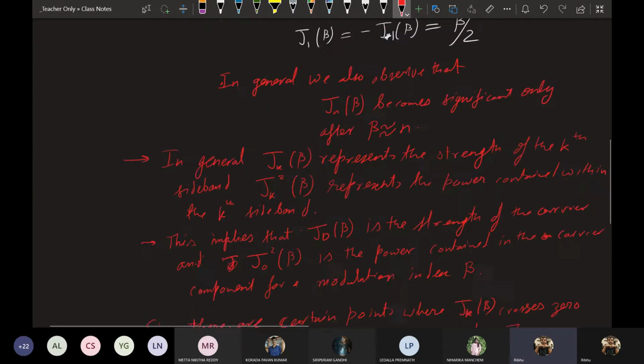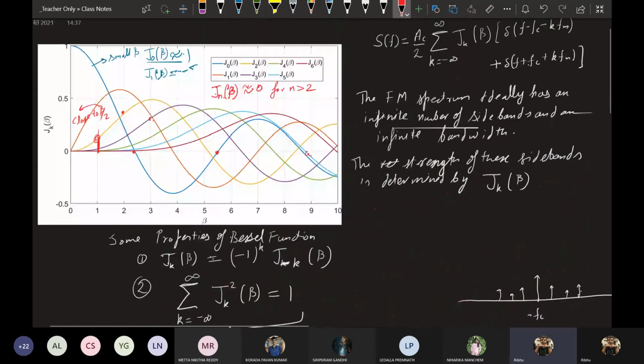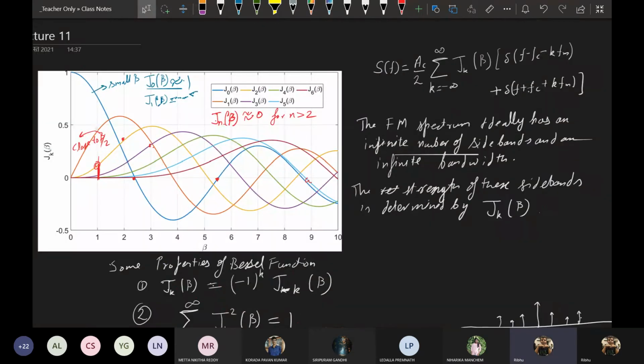Fine. So there are ways to suppress the carrier in the signal, and that is by making the carrier component 0.